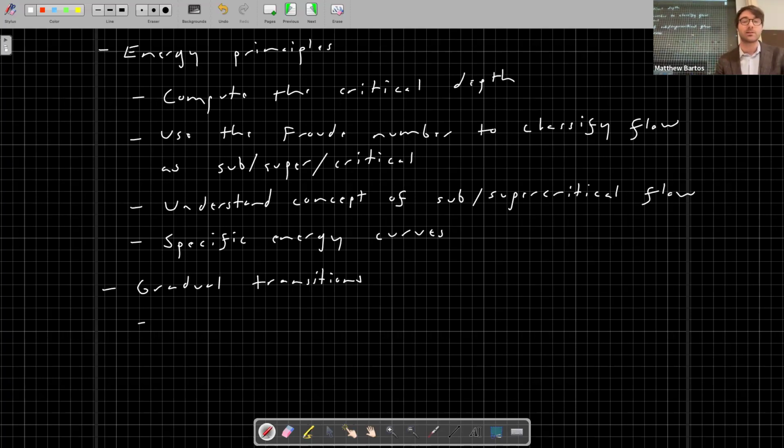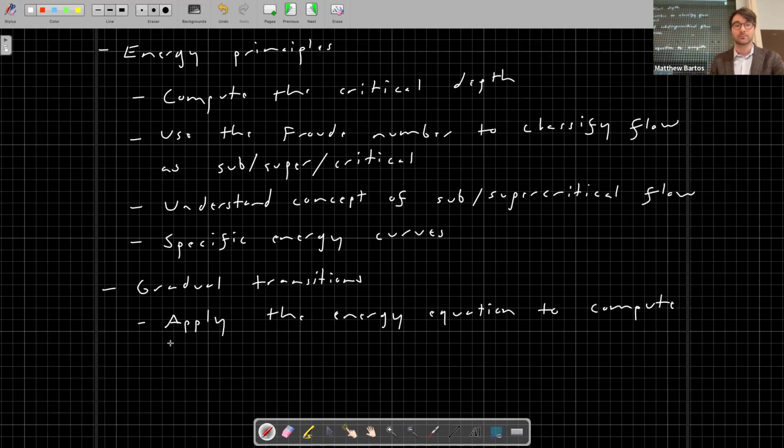So you're going to want to know how to apply the energy equation to compute changes in the water depth and velocity due to changes in the channel geometry.